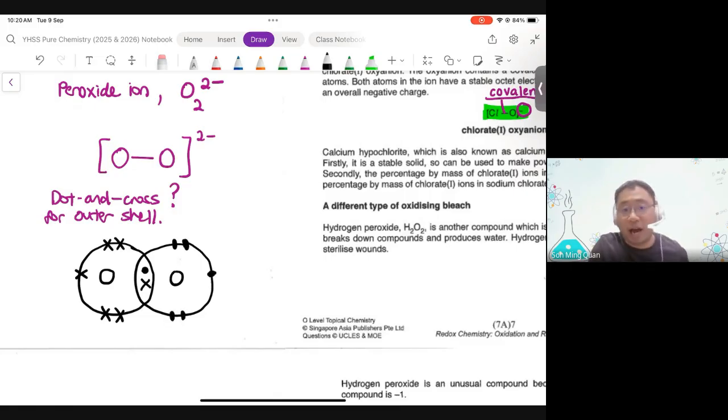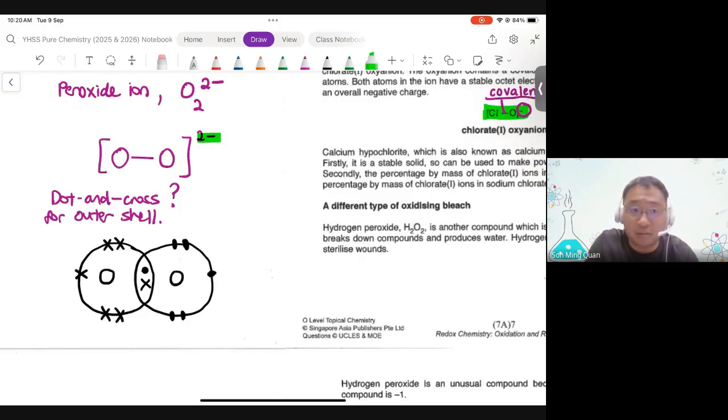And this is where I asked one of you. We know it's 2 minus. 2 minus means it gains 2 electrons. Will both electrons go to the same oxygen, or will it split? 1 electron is gained by each oxygen. Looking at the dot and cross diagram now, it should be obvious because both oxygen atoms have not yet achieved a fully filled outermost shell.